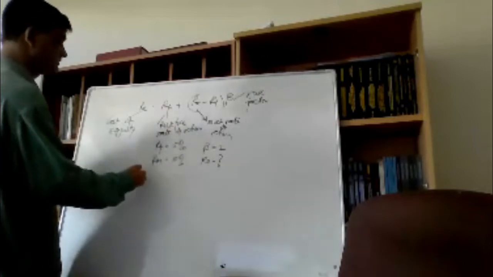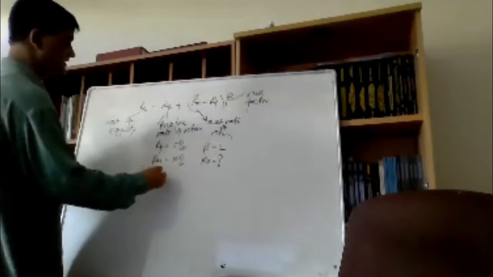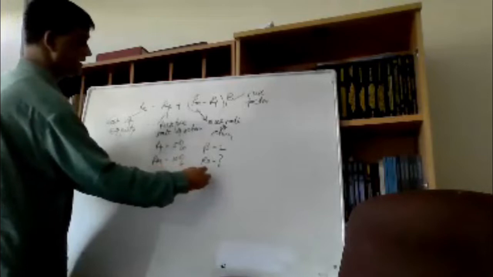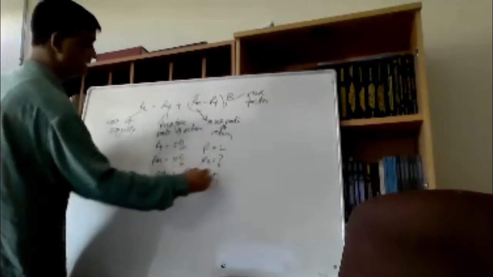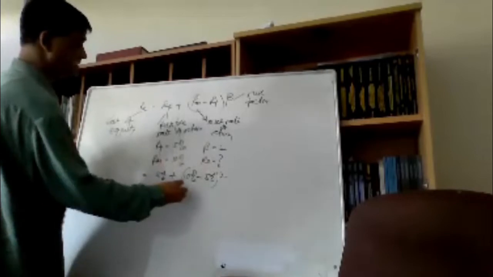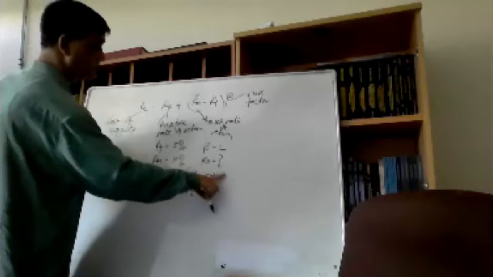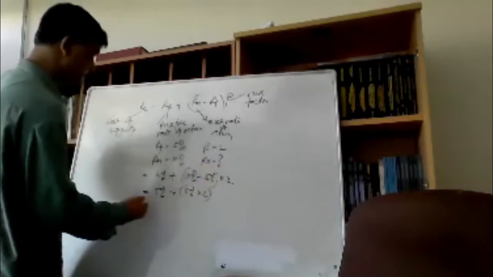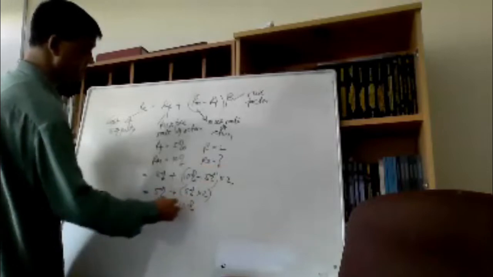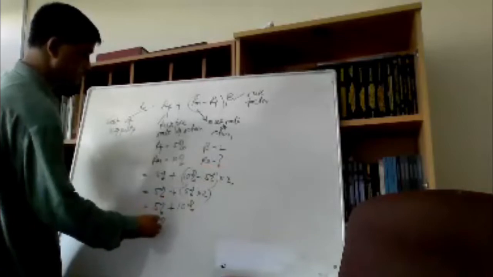In that case, if you put it in the formula, RE equals RF 5% plus beta 2 multiplied by RM minus RF, which is 10% minus 5%. So you have 5% plus 2 times 5%, which gives 15%.